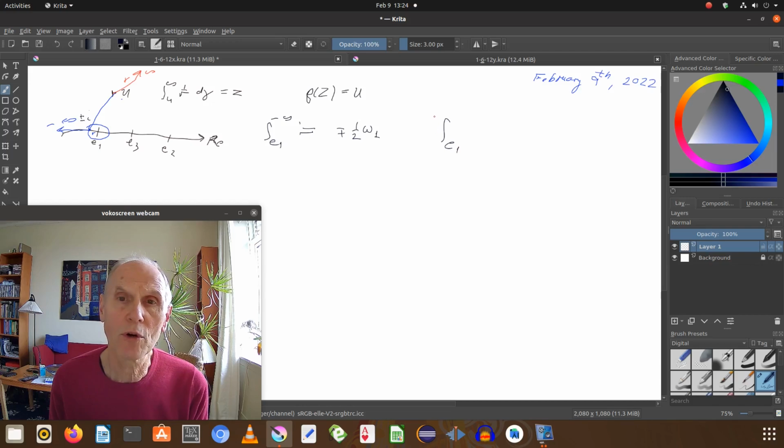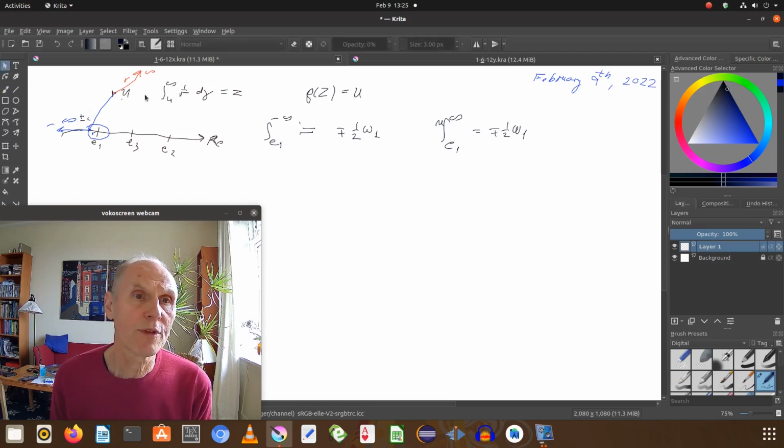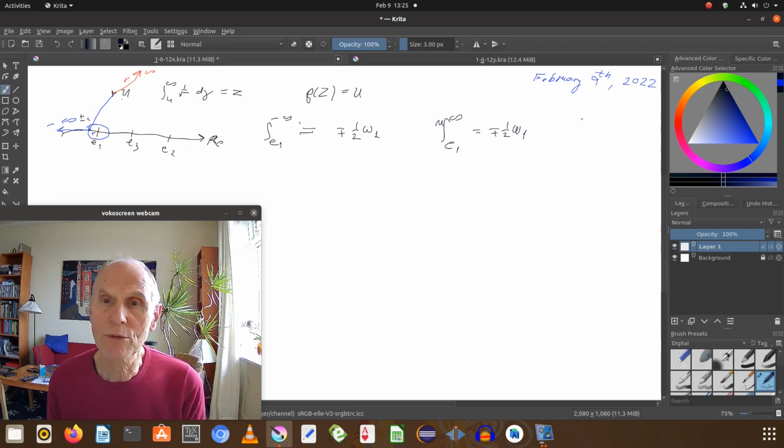So if we go over u further on towards infinity, it's still minus plus 1/2 omega 1. Now, this part of the integral gives z, and that means that the integral from e1 to u must give minus plus 1/2 omega 1 minus z.